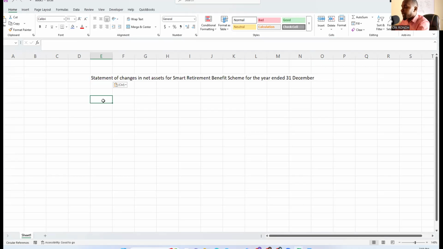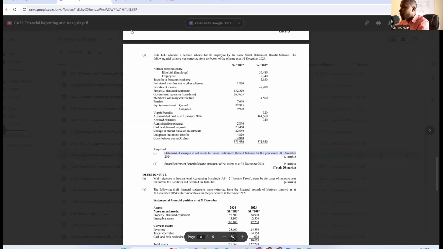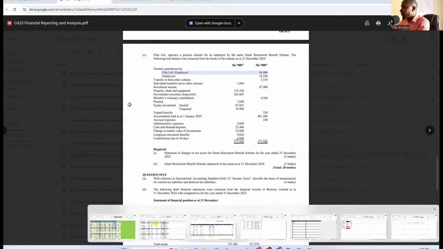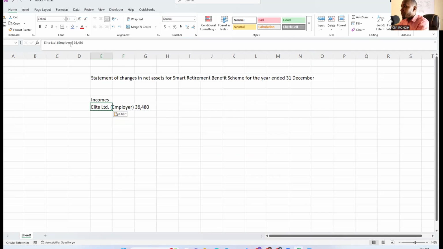So we will start with the incomes, or basically the inflows. Whatever is on the credit side, we have to see whether it is an inflow or a liability. So we have the employer contribution. It is an inflow in this case, so we will put that amount here.